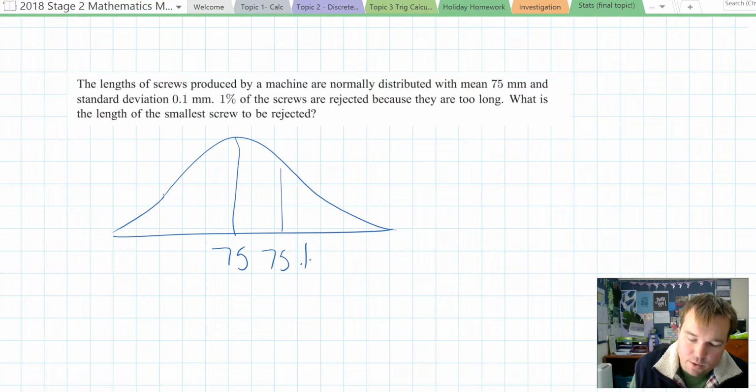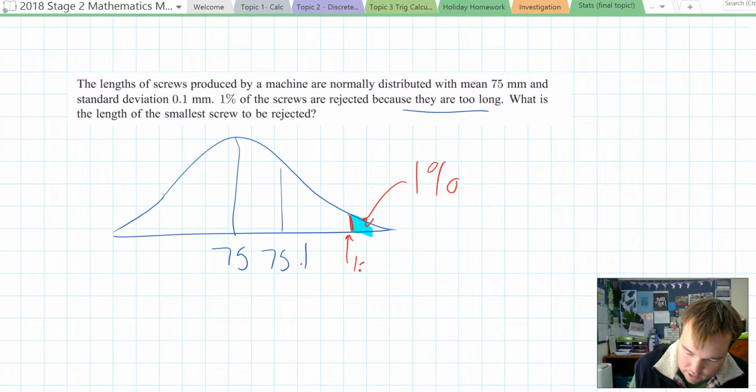And what we're thinking is 1% of screws are rejected because they're too long. So up here, there is some area which sums to 1% area, and anything above this value here of k is rejected. And we were asked, well, what is that value of k?